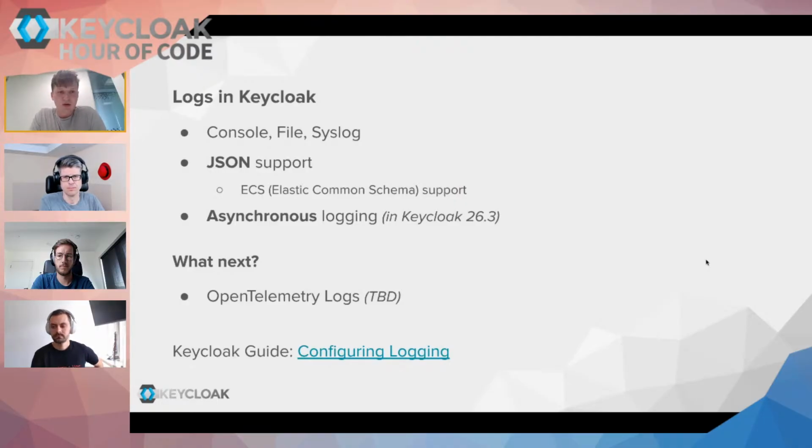In Keycloak, you can show logs in a console, or store them in files, or even send them to a remote syslog server. Right now we have JSON support for the data, to have it in a structured way. Recently we added support even for the Elastic Common Schema, which might be useful in some situations.